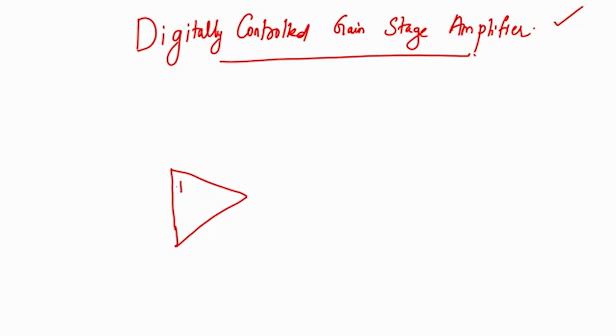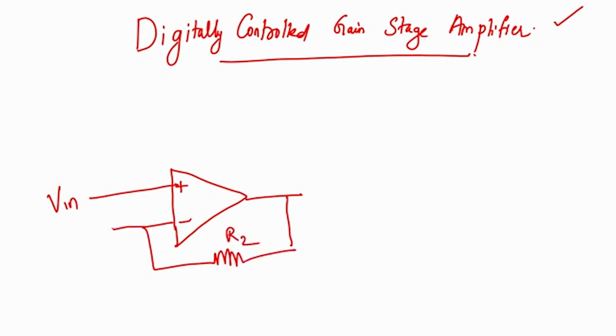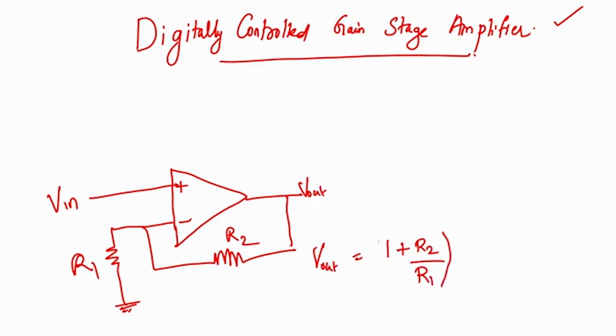So you have plus, minus, output, you give the input directly to this V in, and you will have a negative feedback resistor R2, and you have another resistor connected to ground, which is R1, and your output V out is equal to 1 plus R2 by R1 into V in, correct. These are the basics of an amplifier, inverting and non-inverting. So this is a non-inverting amplifier.